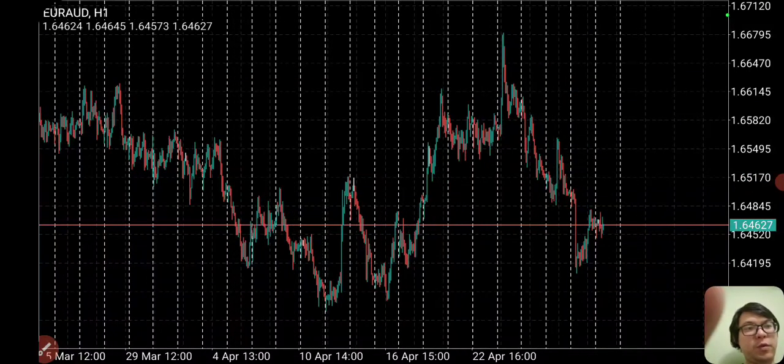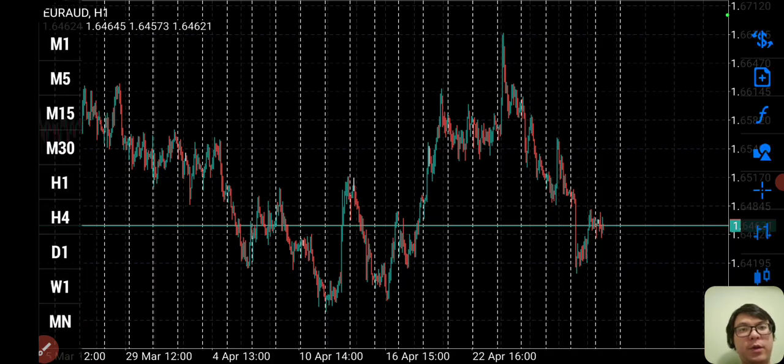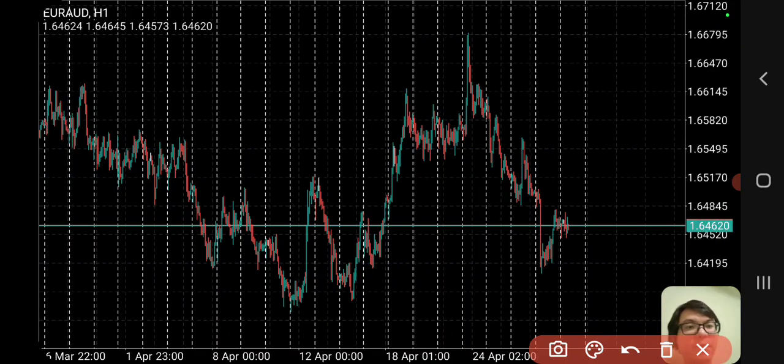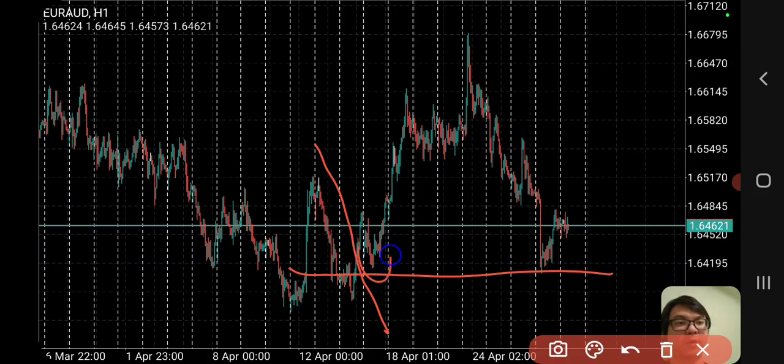Okay, Euro Aussie dollar. This one is very interesting because I had this trade this morning and actually it fulfilled the target. Let me show you what I saw in the morning trade. First of all, trend line break, support line. Tested once, tested twice with a strong candle rejection.